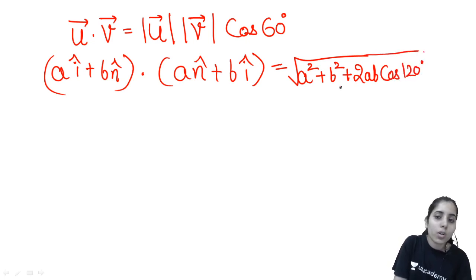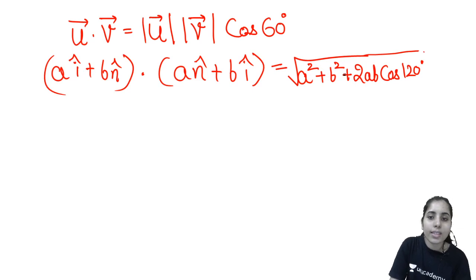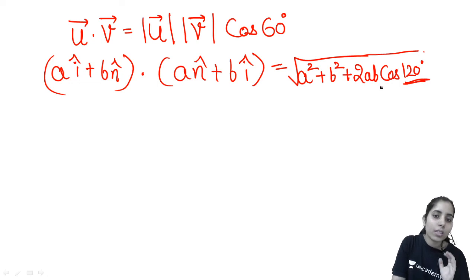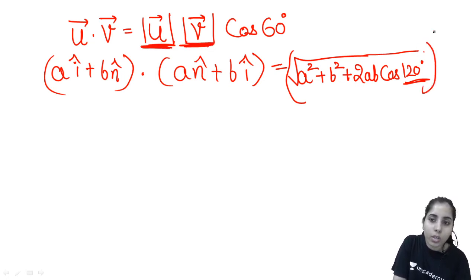Why? Because here the angle between i and n is equal to 120 degrees, and that's how you will get a square plus b square plus 2ab cos 120 degree. So this is the expression you will get for the magnitude of u and magnitude of v both, and you can do its a square and cos 60 degrees.